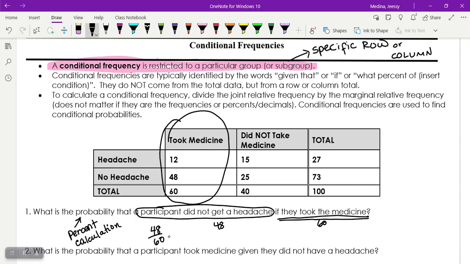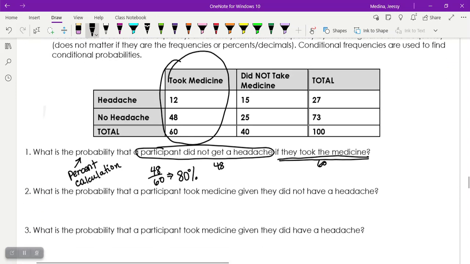And what's 48 divided by 60 times 100? We're sure about this? Can I get a confirm? Okay. The next one.